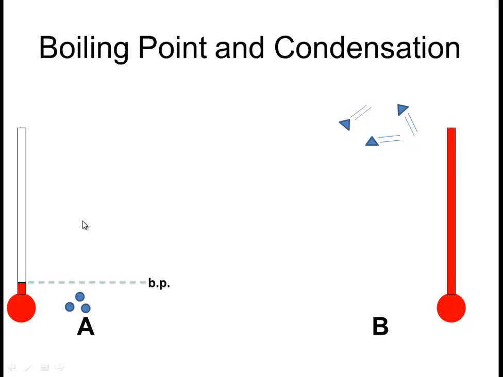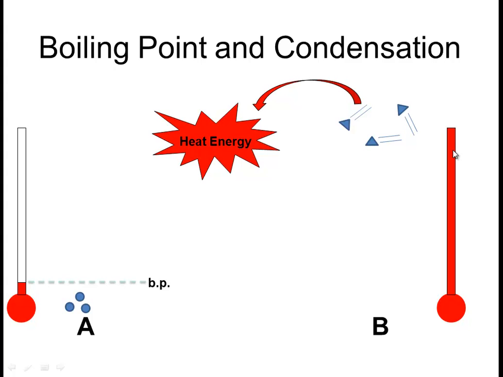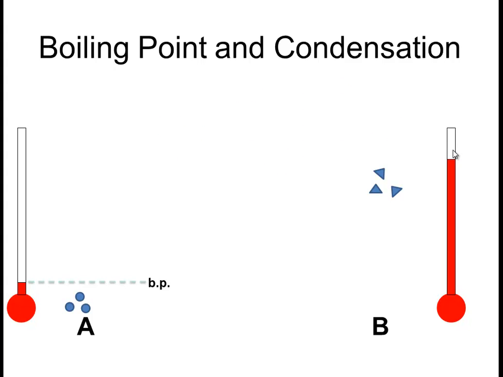Now, let's consider a different compound. This is also in the gas phase. We're at a relatively high temperature again. We do the same exercise. We cool it down, remove kinetic energy, and we find that much sooner in the process we're able to get those molecules to condense and form a liquid.